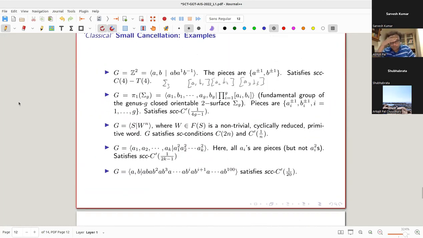So this is clear, right? If that is clear, then how many edges do we have here? We have 4G edges on the relator. And what can become a piece? A piece is only an edge of that, nothing more.